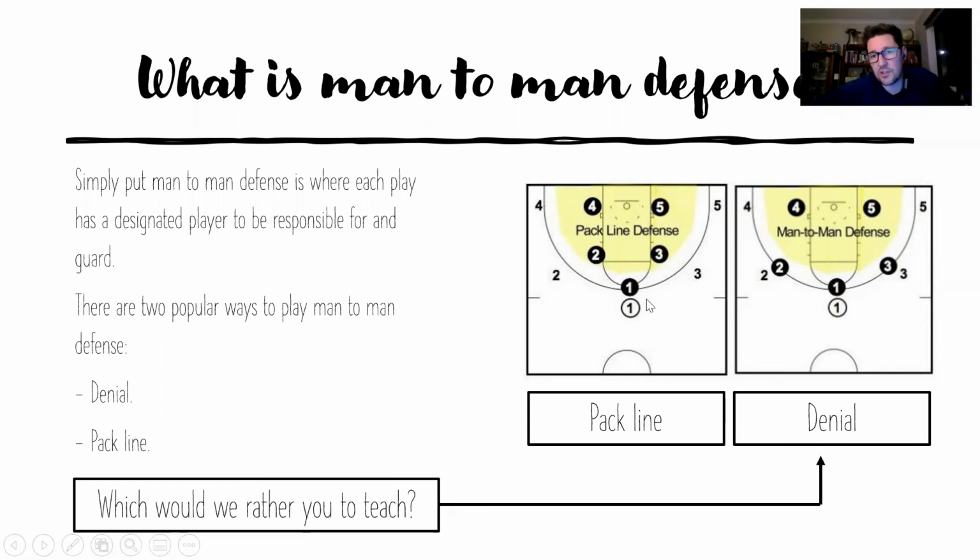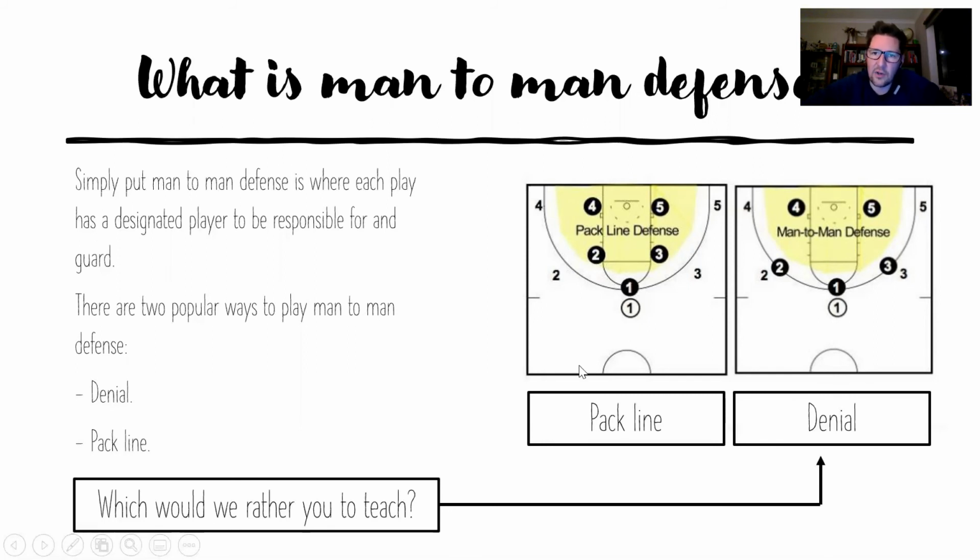Yeah, and that's true. It's not exactly like a zone, but a similar philosophy where you're protecting the paint, but you're still guarding a player. We had the question a while back about the difference between a pack line and a zone.